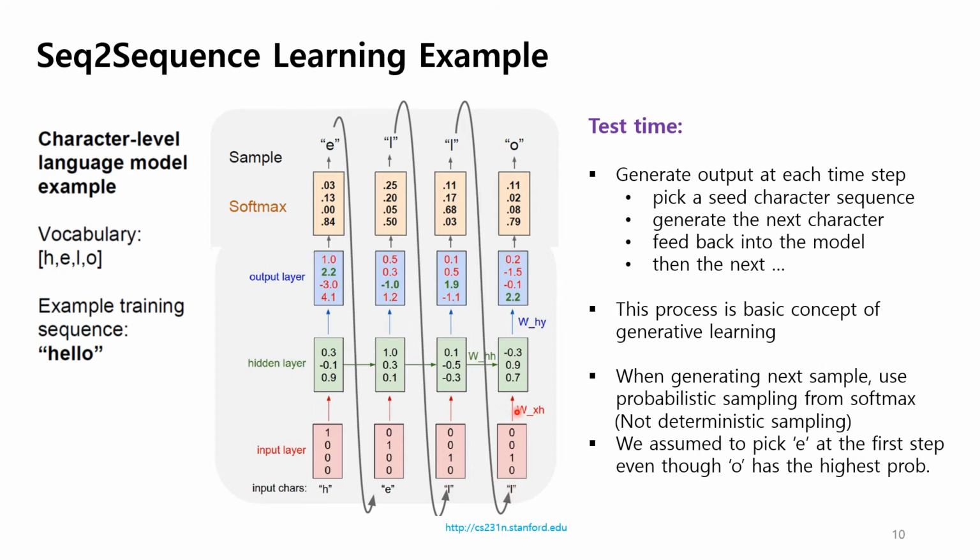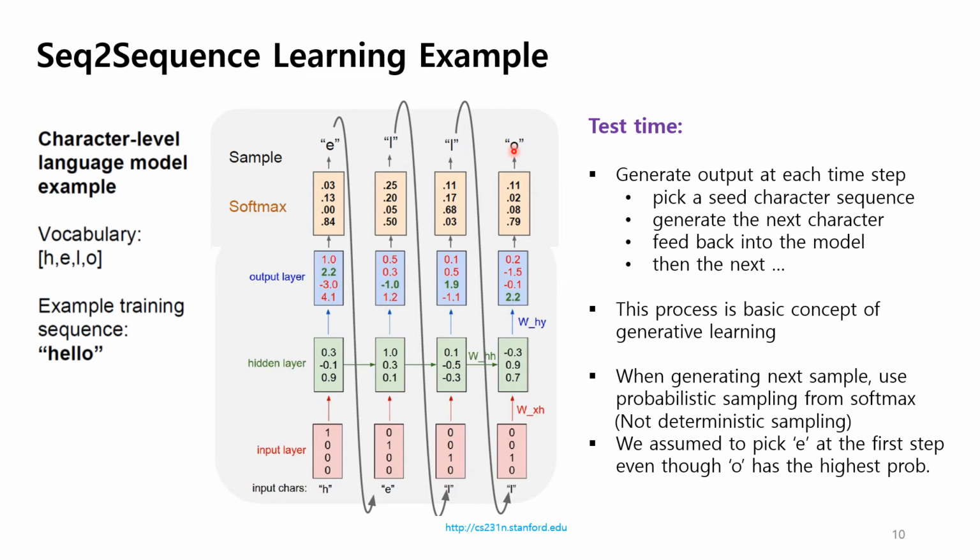In the next step, same thing: compute the hidden layer, compute the output layer, and the probabilities are given like this. Now you choose O, which looks right. So input was H, and the RNN has chosen E, L, L, O.